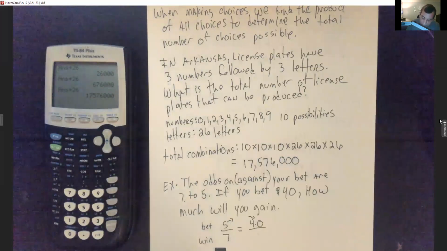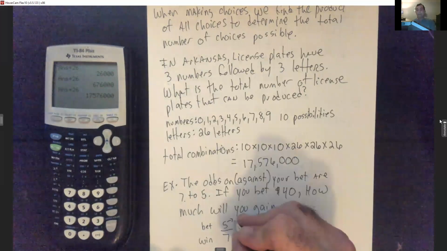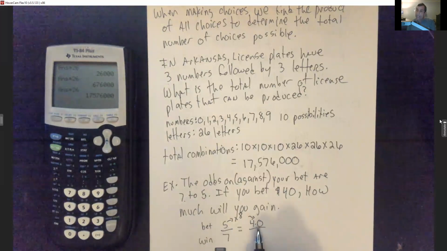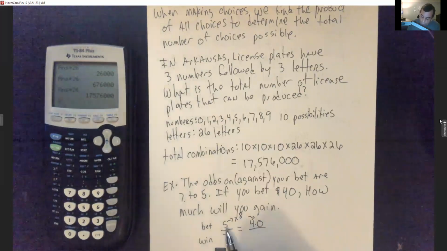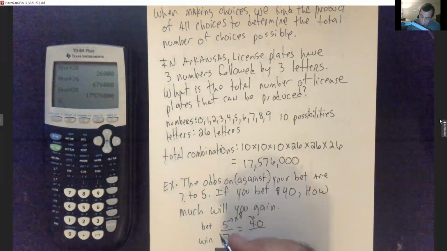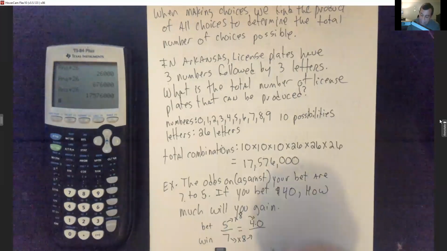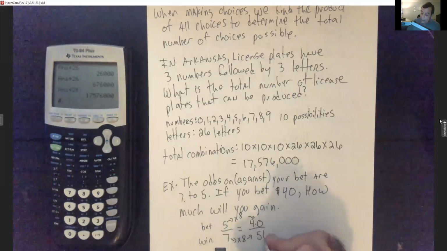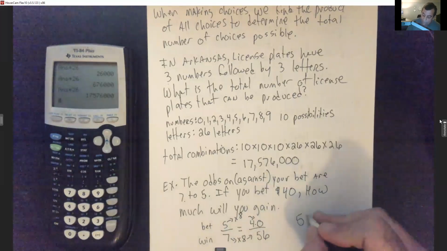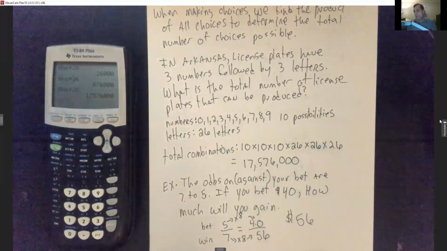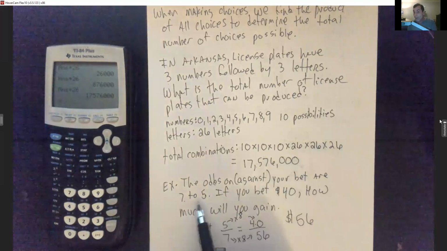Y'all, they multiplied that by 8. So $5 times 8 gave me $40. So my bet was 8 times bigger, so my winnings are going to be 8 times bigger. So 7 times 8 will give me 56, which means I'm going to win $56 if I bet 40. So what, about $16 profit? Because you're not winning a whole lot on that bet, okay?